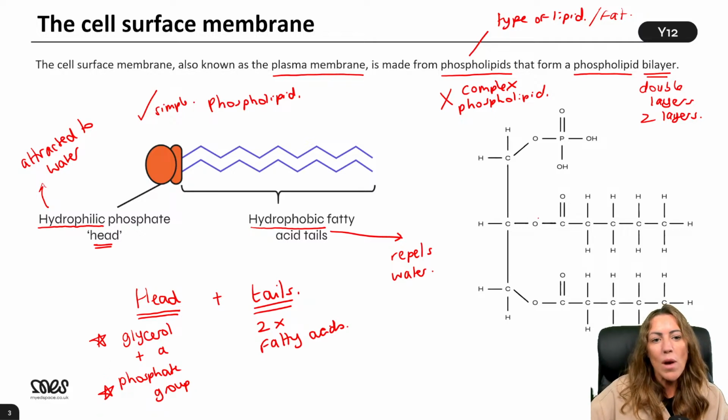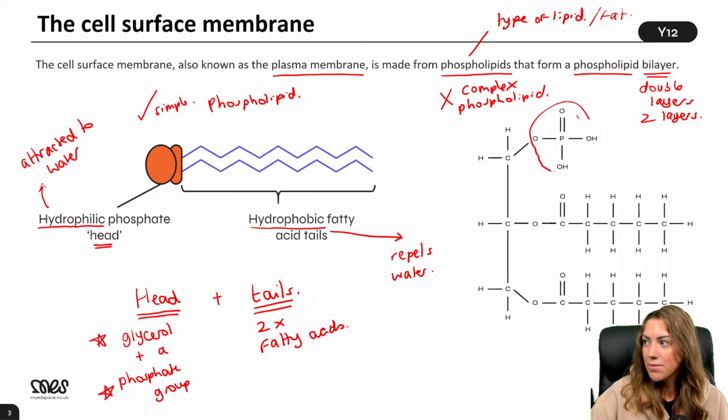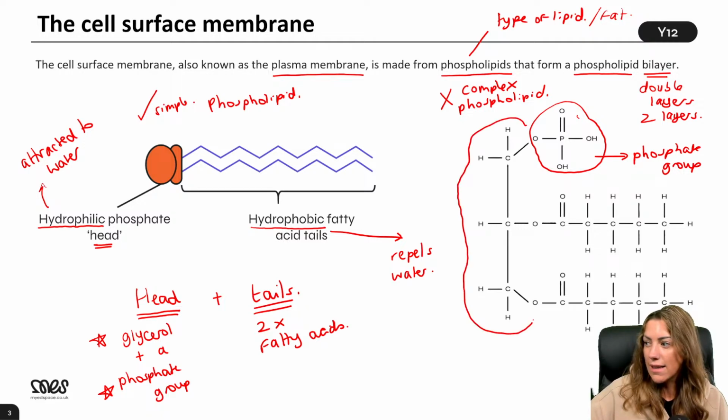Now let's just quickly look at the complex phospholipid. I've already said don't worry about ever drawing this, but I'm just going to label the groups so you know what you're looking at. So this here is the phosphate group, okay? This here is the glycerol, okay?